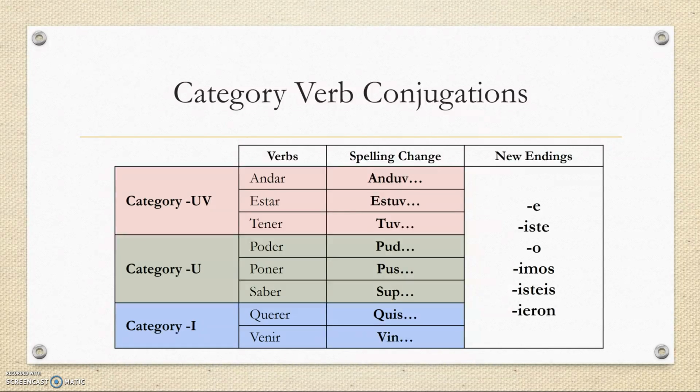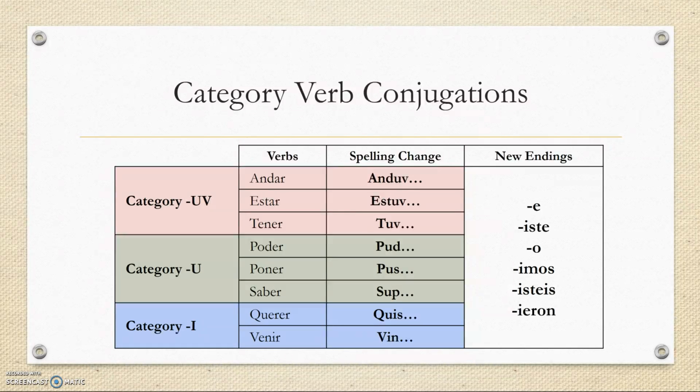So when we convert andar to anduv, we're going to add the new endings: anduve, anduviste, anduvo, anduvimos, anduvisteis, anduvieron. Same thing for estar: estuve, estuviste, estuvo, estuvimos, estuvisteis, estuvieron.